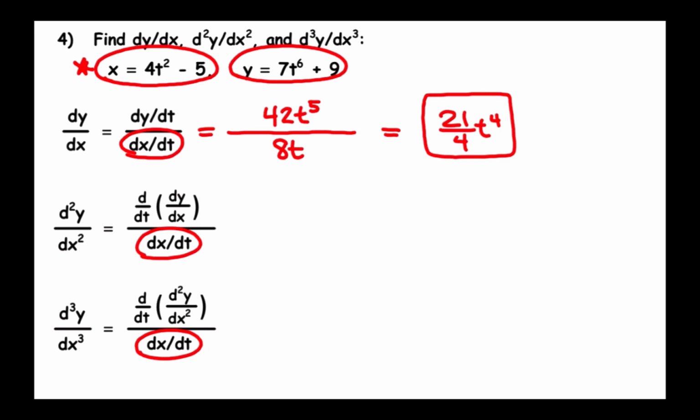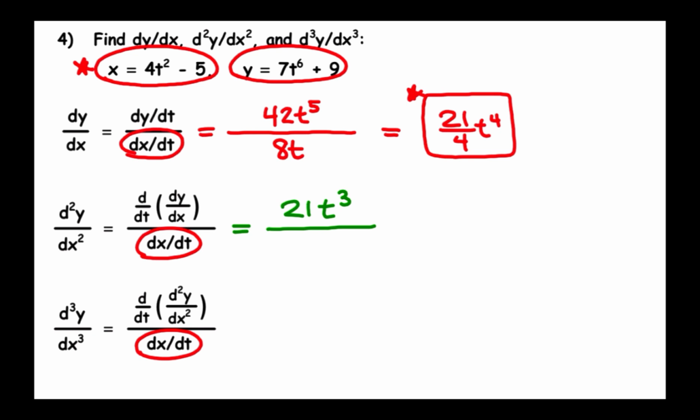So what you do is you take the first derivative that you had just now, and you're going to take its derivative. And what I mean by that is you've got this answer right here, this 21 fourths t to the fourth. Let's take its derivative. Well, obviously, exponent times coefficient, the 4's are going to cancel. It'll simply be 21, and then it's going to be t to the third, down by a power.